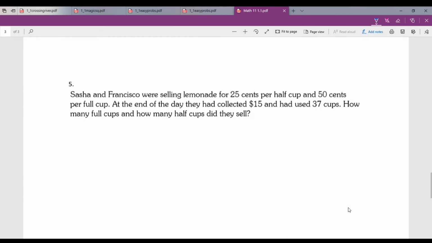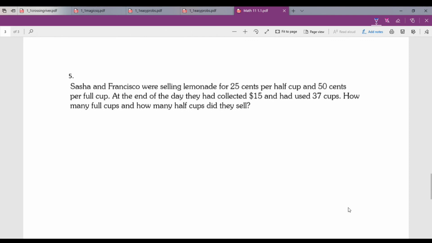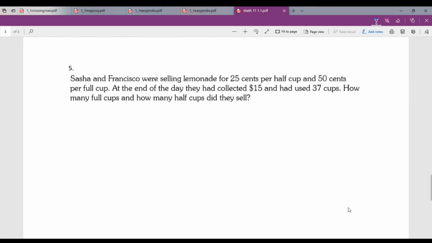Sasha and Francisco were selling lemonade for 25 cents per half cup and 50 cents per full cup. At the end of the day, they had collected $15 and they used 37 cups. How many full cups and how many half cups did they sell? For this question, let's try to use algebra.